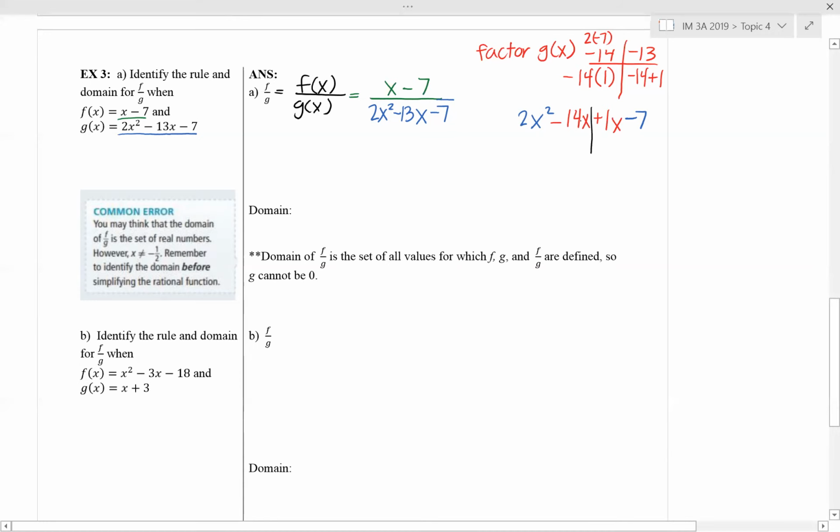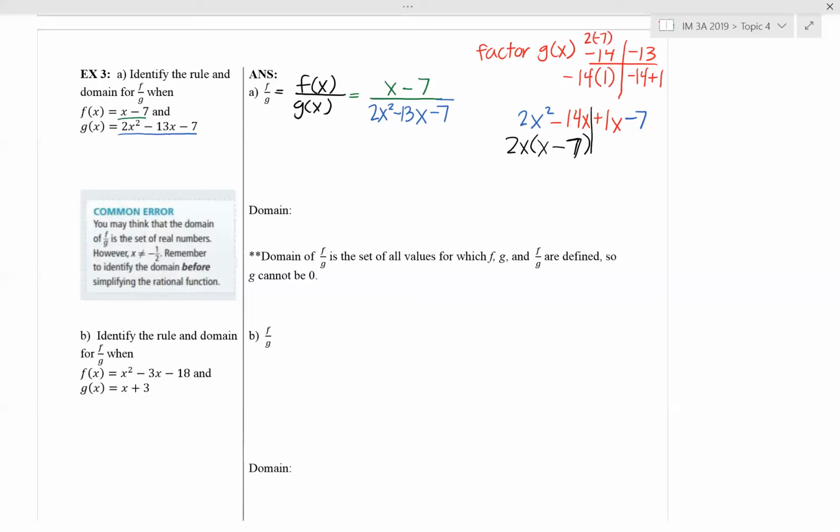So 2x squared minus 14x, those two terms have a greatest common factor of 2x. So we want to take a 2x and factor that out of the two terms. When we divide 2x squared by 2x, we're left with x. And when we divide negative 14x by 2x, we're left with negative 7. So our first set is 2x times x minus 7.